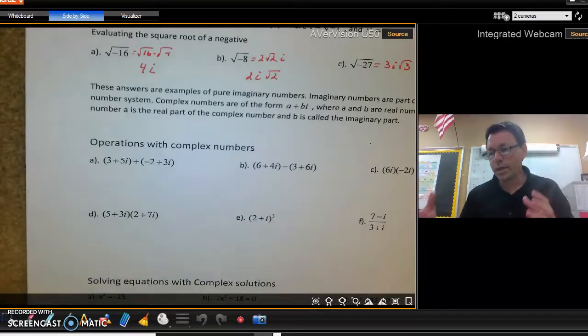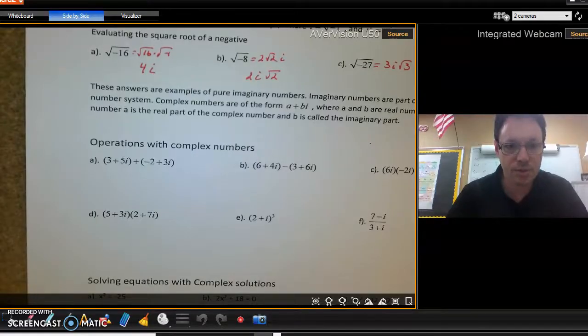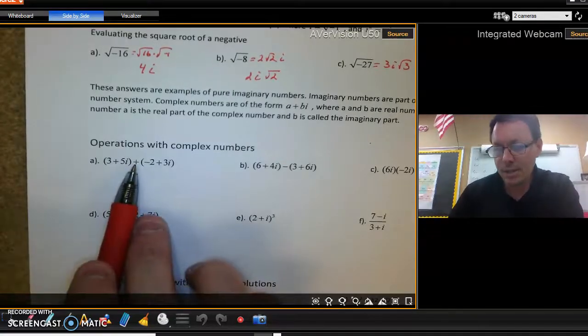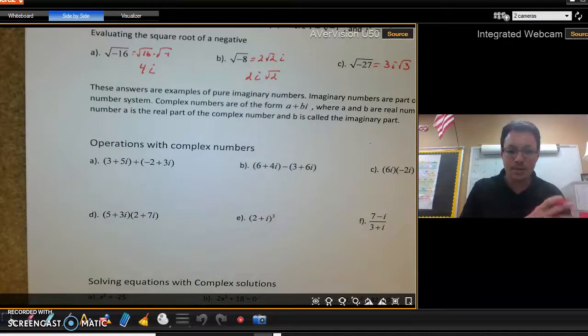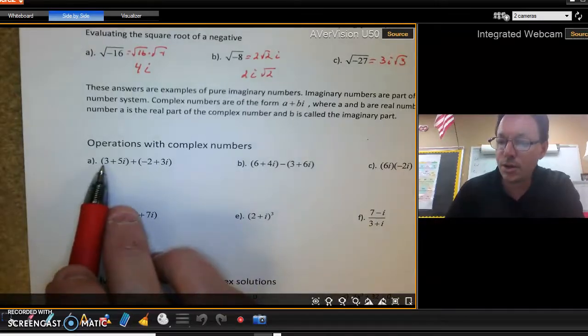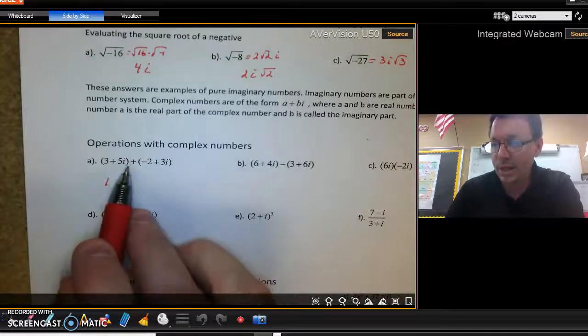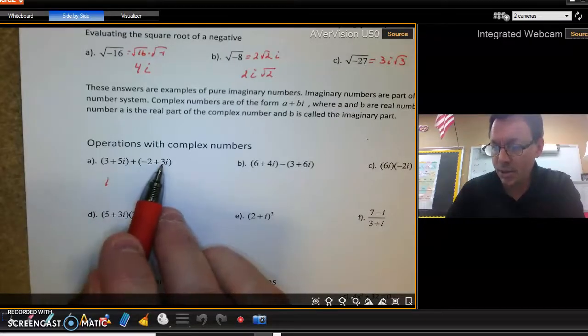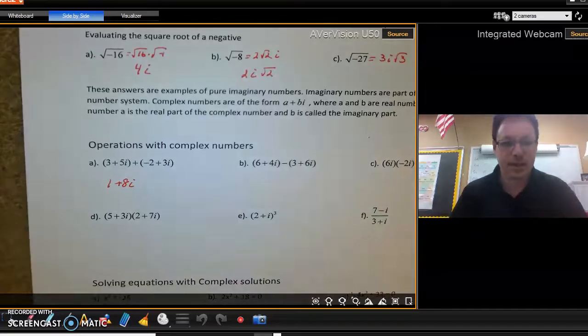Then what we're going to take a look at here are operations with these numbers. To add complex numbers, you just add the real parts together, and then you add the imaginary parts together, and you create a new complex number. So 3 plus -2 is 1. 5i plus 3i is 8i, and that's the answer.